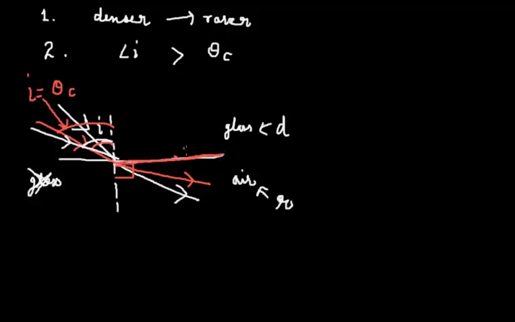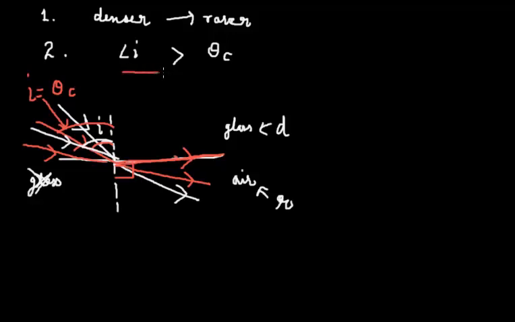So when the refracted ray follows this path, at that particular value of angle of incidence, we will say it is equal to critical angle. So we will consider this angle of incidence as critical angle. Now, if we further increase the value of I beyond critical angle, what is the condition?